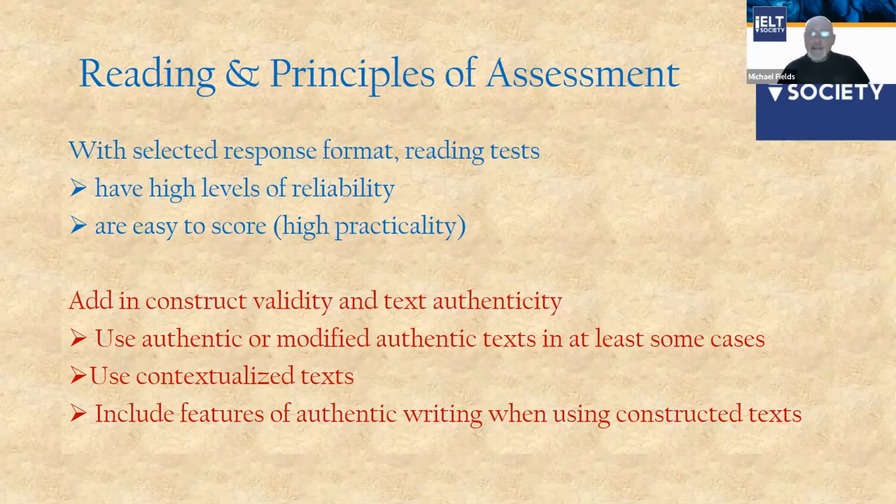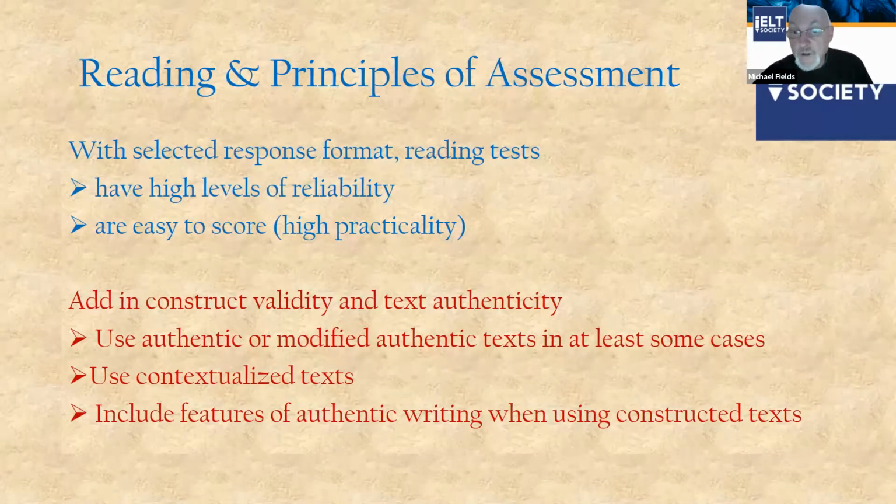So if we do want tests that conform to all these principles, then we would like to build in validity. And how can we build in validity? We would like to use authentic texts. That's one way to build in validity. If we don't write our own and we use authentic or at least modified authentic texts, they're more valid in a sense, right?